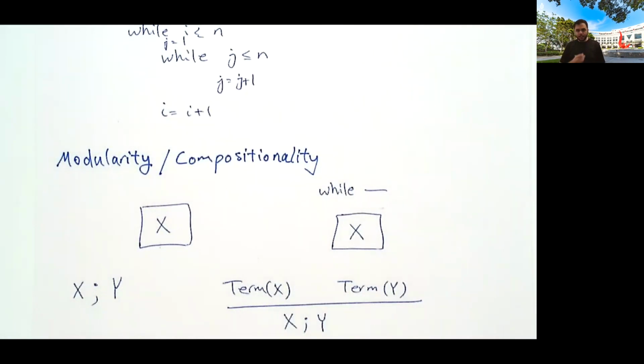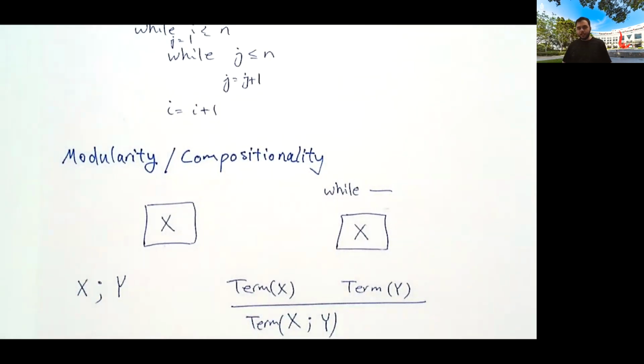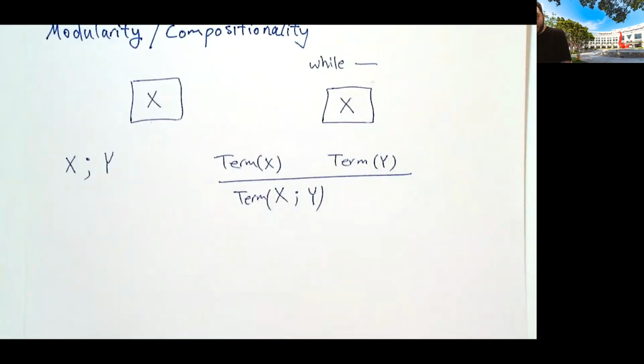The way it helps is that if you are given a big program, instead of having to find a linear ranking function for the whole program, you can first find it for some part of it. You can first find a linear ranking function for the first part, for example, for X. And then you can find another linear ranking function for the second part. So this is the termination rule for sequential composition.